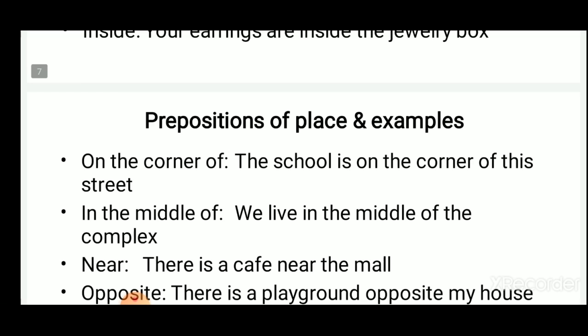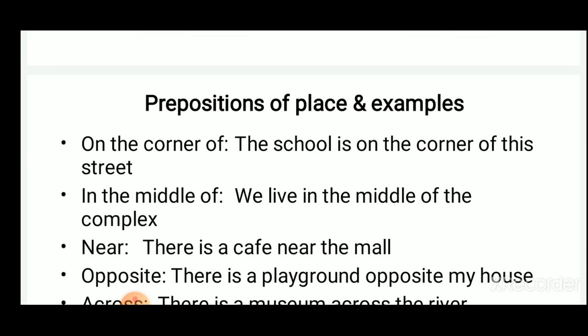Some more examples of preposition of place. On the corner of: the school is on the corner of this street. In the middle of: we live in the middle of the complex.